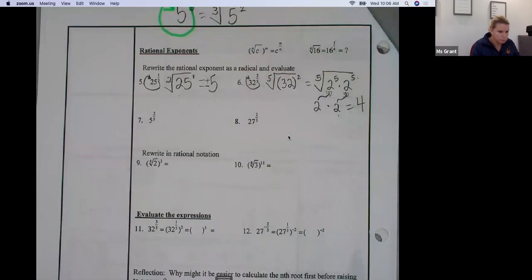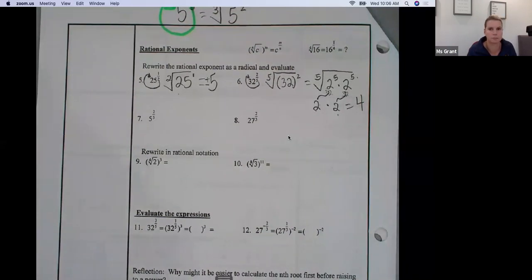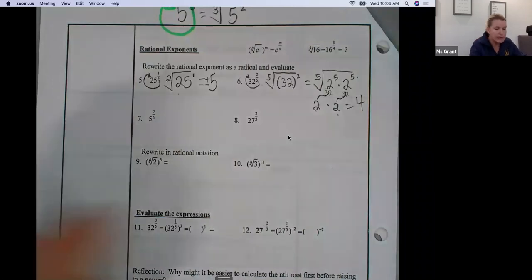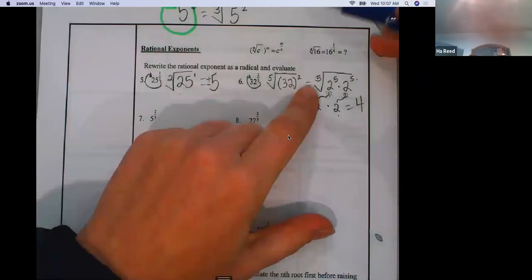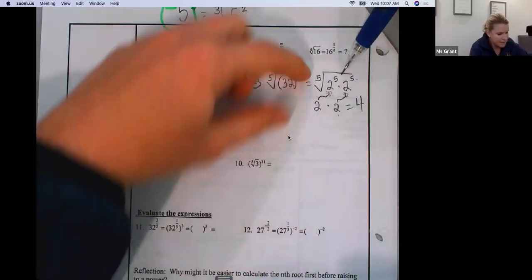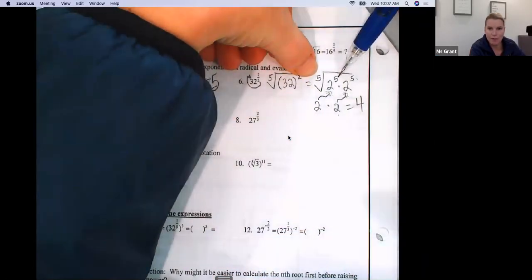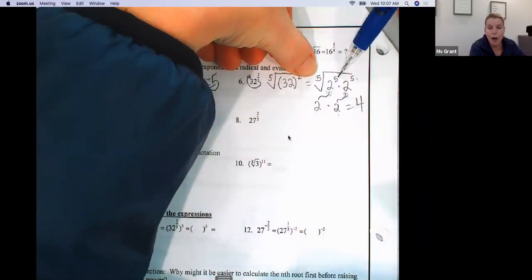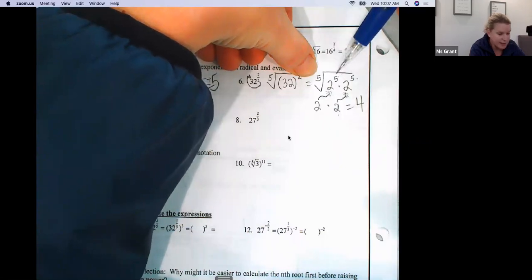Wait, so you brought the 2's down? Because this 5th root and the power of 5 were opposites of each other and they canceled each other out. Whenever those numbers are the same, the answer is that number.